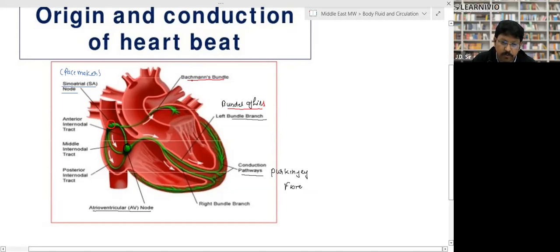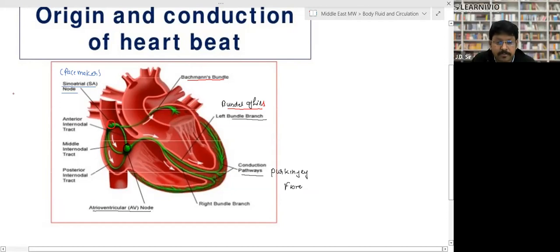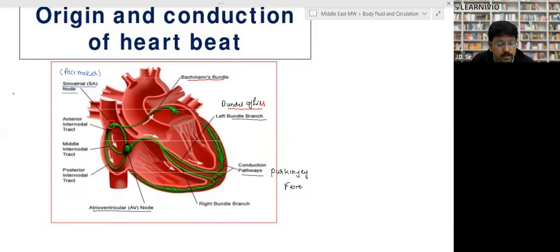We also call it bundle of His. It goes to the left atrium. The lower side goes to both ventricles, and the upper side to the left atrium and right atrium. The shock originates from here only. Is it clear? Yes, sir. Okay, please write it down.